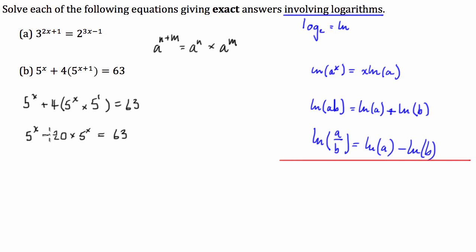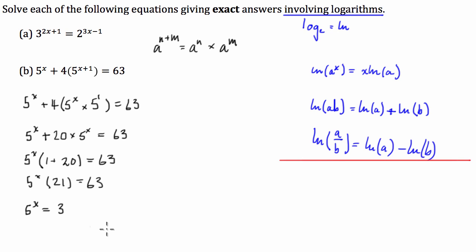That is supposed to be a plus. Now, we're going to factorize by 5^x on the left. Cool, now this is equal to 21. Now we can divide both sides by 21, and we're left with 5^x equals 63 divided by 21 is 3.